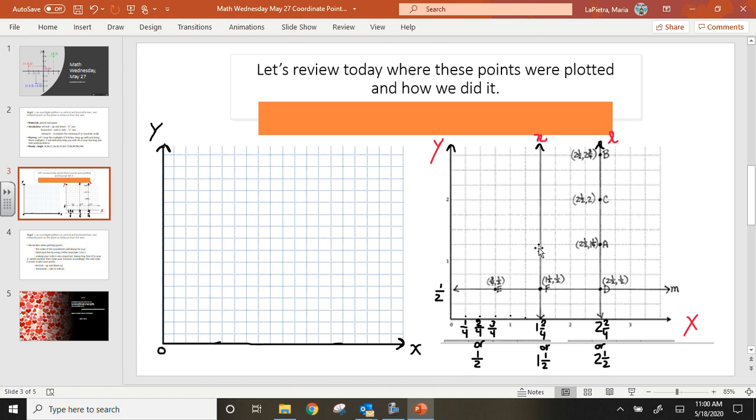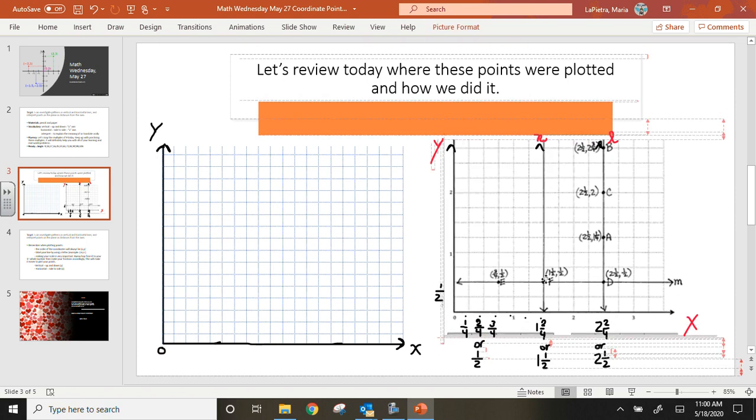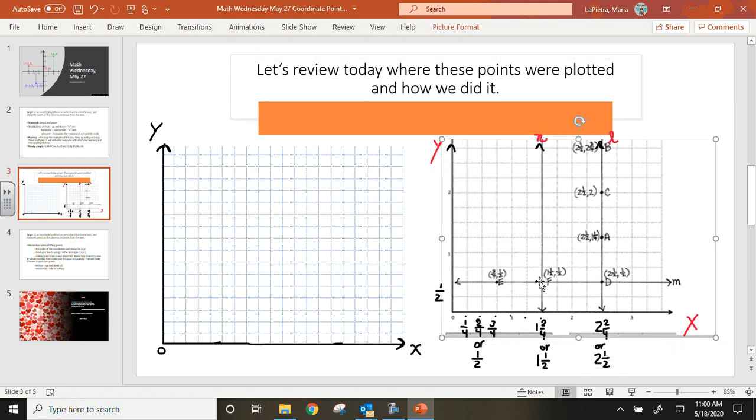It's making an L shape right at the F. Lines L and M made it at the D. Point F is perpendicular for line N and line M.